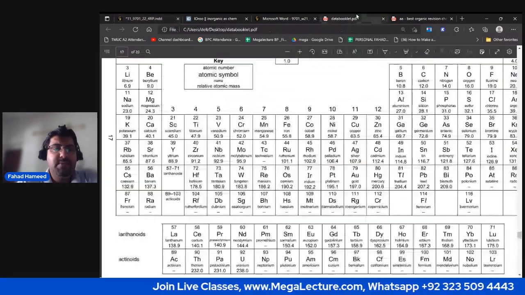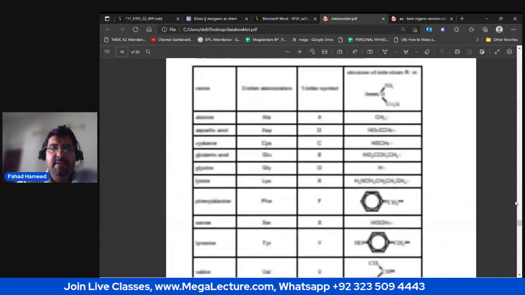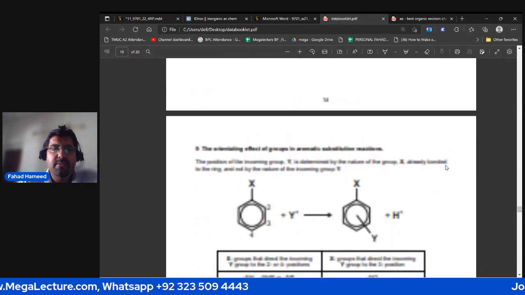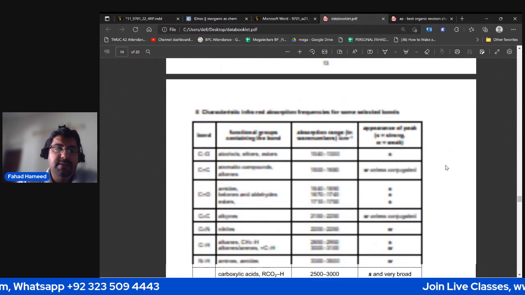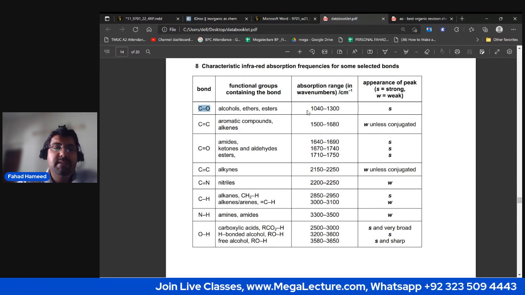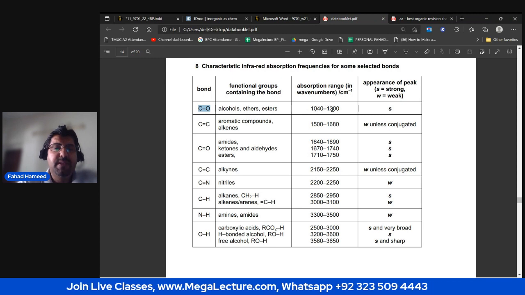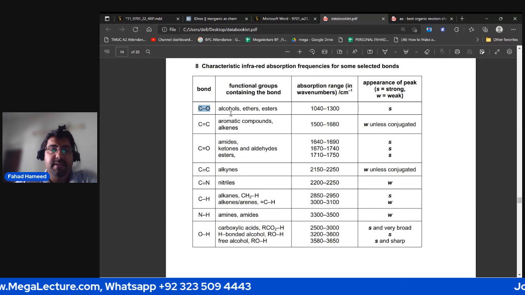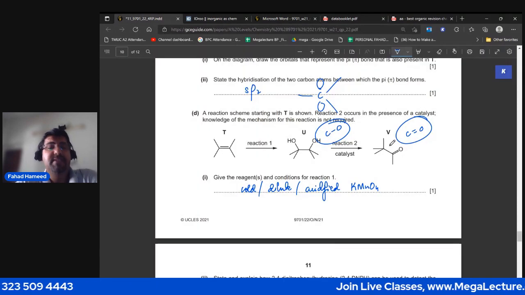So you open the data booklet. The chart would be given to you. Go to the infrared spectrum, wherever that is. That's over here, and you would notice a strong absorption at 1040 to 1300, and this absorption would disappear during the reaction. Why? Because this bond is not going to be in the product.